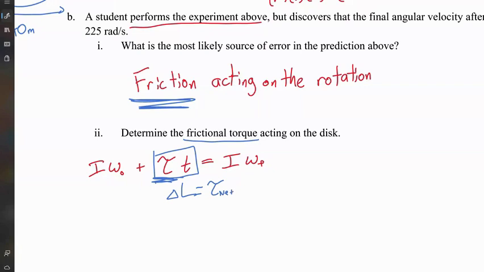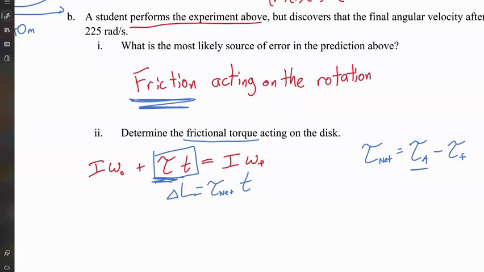The net torque times our time. In this situation, our net torque is the torque applied from the 8 Newton force minus the torque of friction. So that's our net torque.